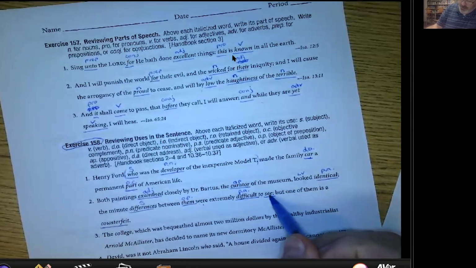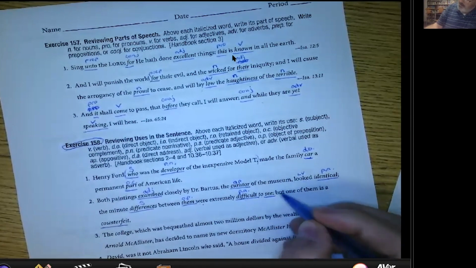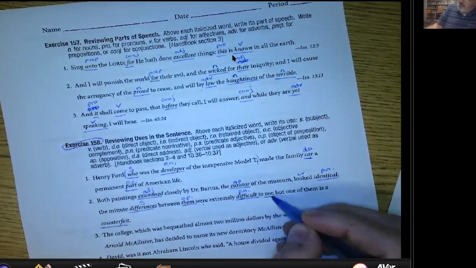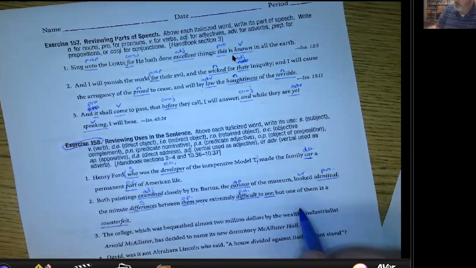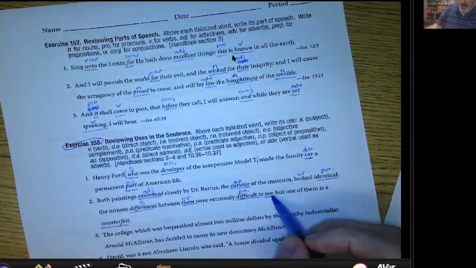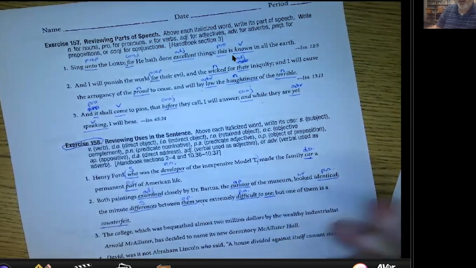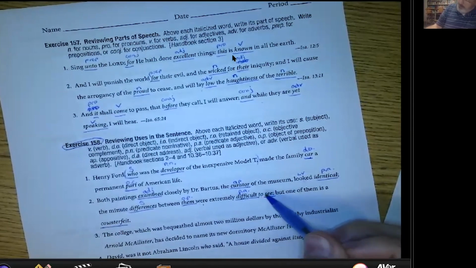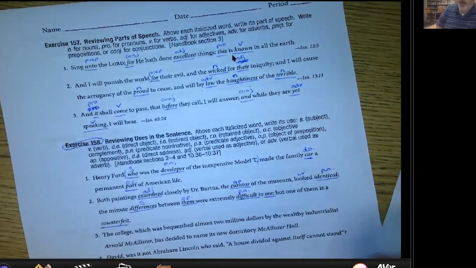To see, that is not a prepositional phrase because a verb can't be in a prepositional phrase. To see is an infinitive, but that's not a function, right? So how is this infinitive functioning? Well, infinitives can be nouns, adjectives, or adverbs.